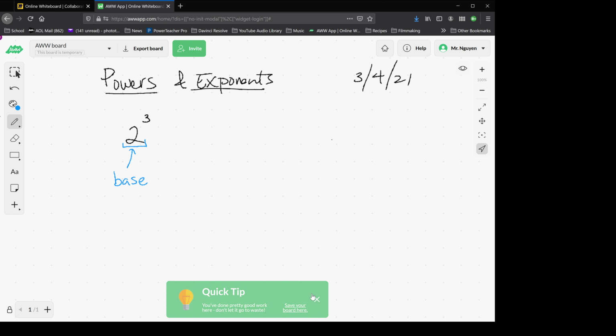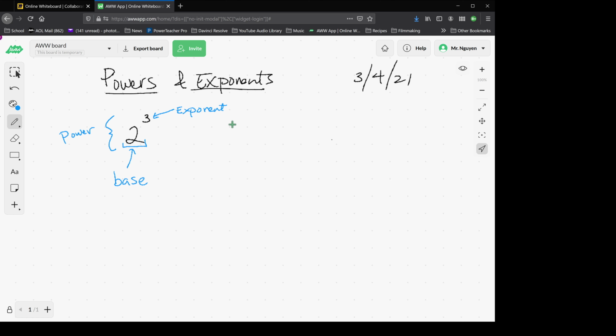It's called a base because this is what you are going to multiply, the only number you are going to multiply. This number is called your exponent. Notice how it's smaller and it's just to the top right of the base. This number tells you how many times you are going to multiply the base. And the whole thing, the whole kit and caboodle, is called a power.